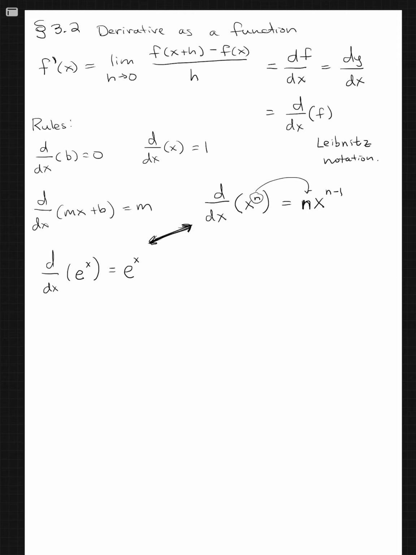And in addition to these sort of specific function types, we also have that the derivative of f of x plus g of x is equal to the derivative of f of x plus the derivative of g of x. The exact same thing works for subtraction.